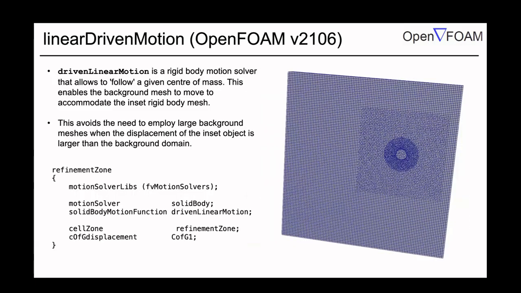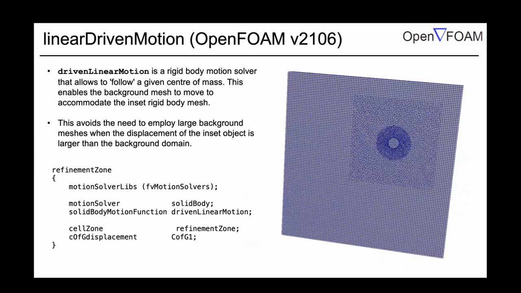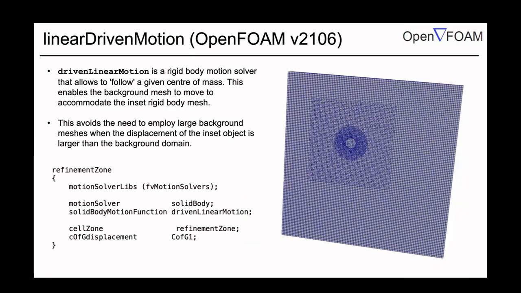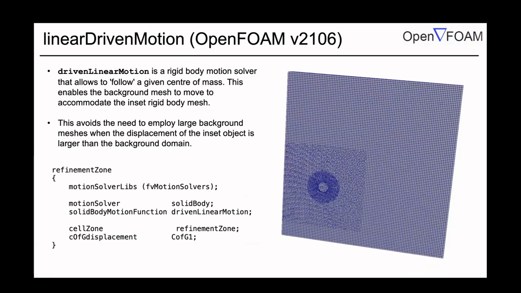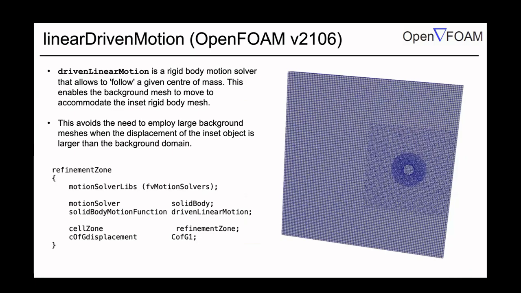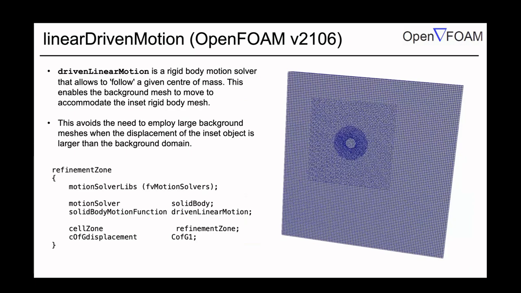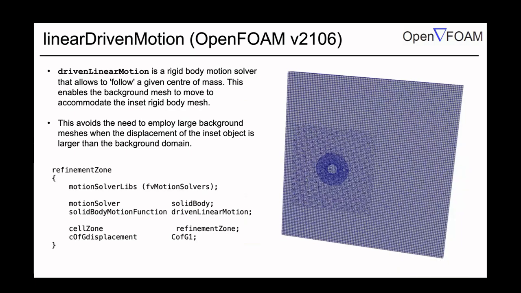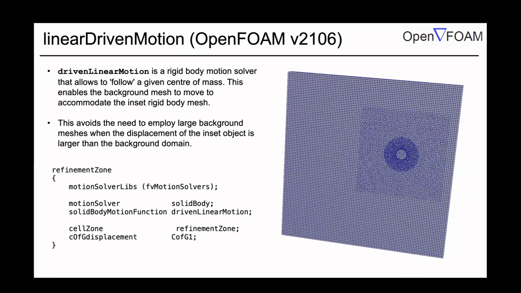I can skip it, but this is an additional capability which has been recently developed by one of my colleagues. When your structure is moving, the benefit is that you don't have to make the full background very fine. You can make a refinement region where you are actually interested in capturing the flow physics, and you can move that refinement region with your body.